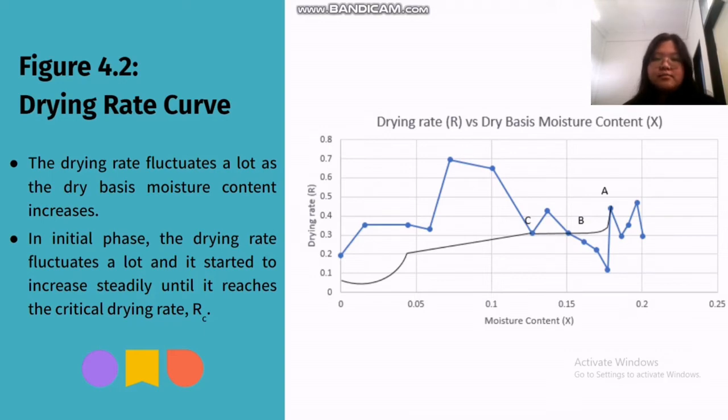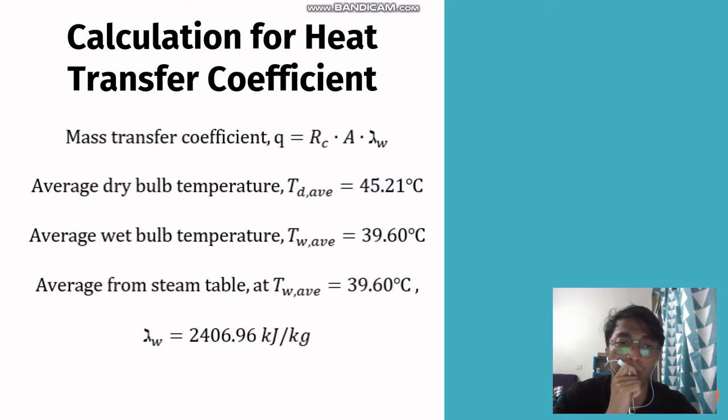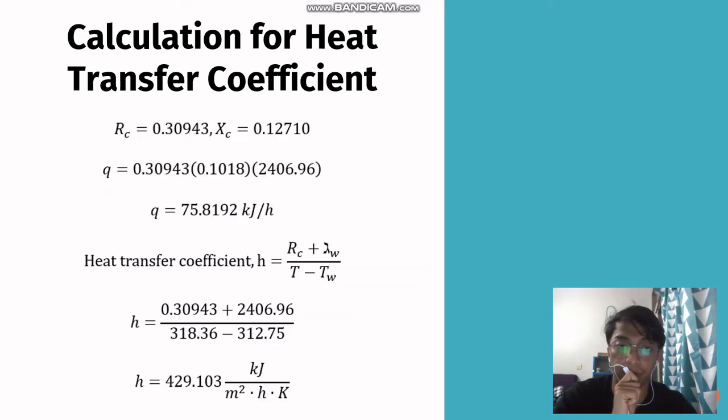Thank you. Next, to calculate the heat transfer coefficient, we first need to determine the heat transfer rate Q, for which we can use the formula Rc times A times lambda W. To get lambda W, we first need to determine the average dry bulb temperature and the average wet bulb temperature. From this average wet bulb temperature, we can get from the steam table that lambda is equal to 2406.96 kilojoule per kilogram.